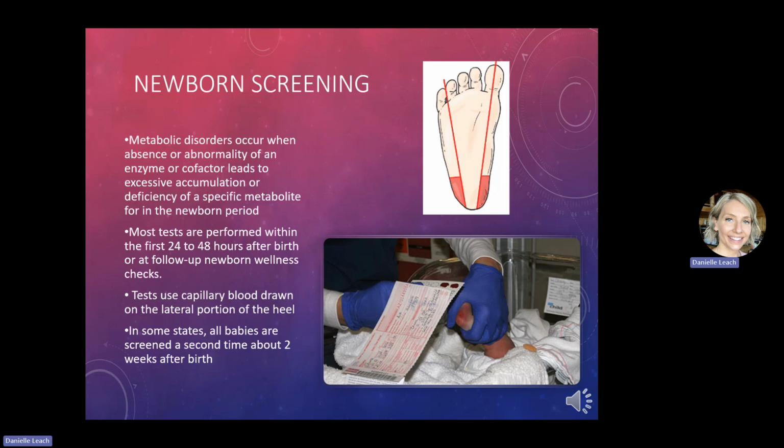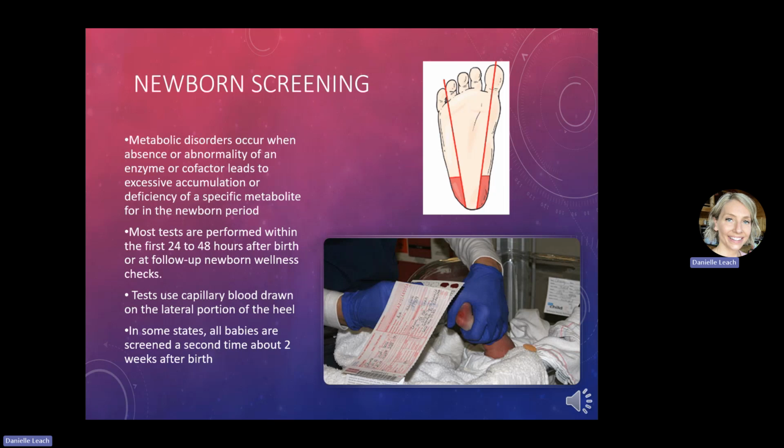To test for this, we use capillary blood drawn from the heel. You have a little lancet that's similar to a lancet that you would use to check someone's glucose, and you're going to poke it in the heel area that's marked on this diagram. So not the bottom of the heel, but the side of the heel, if that makes sense.